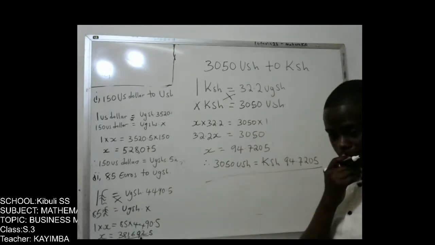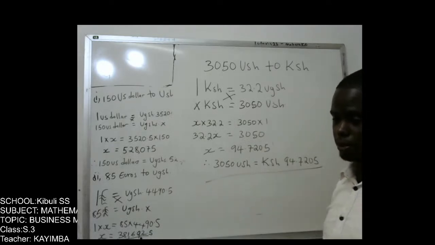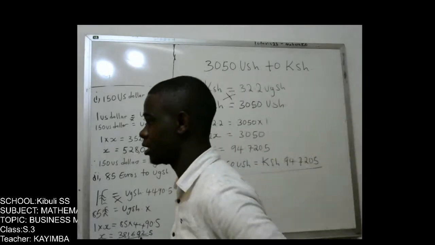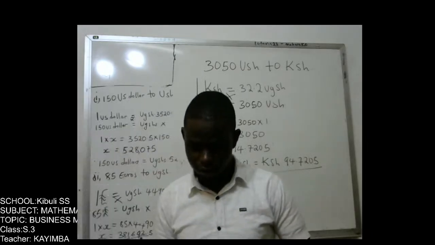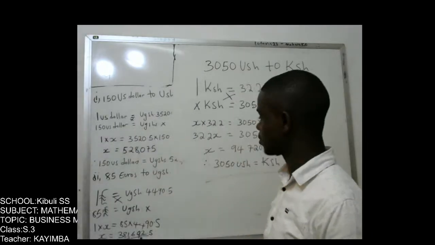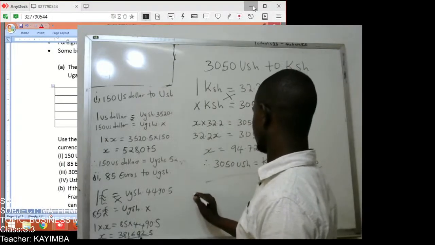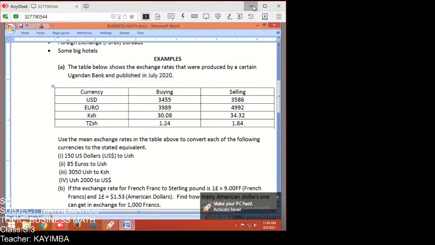Then, for the last number, I want you to send me the solutions that you've got. Share the solutions. It is changing from Ugandan shillings to US dollar, right? 2,000 Ugandan shillings to US dollar.